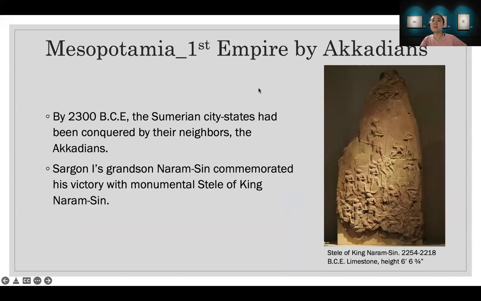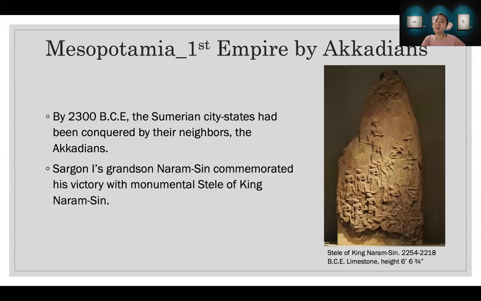Now let's see the first empire of Mesopotamia, by the Akkadians. By 2300 BCE, the Sumerian city-states had been conquered by their neighbors to the north, the Akkadians. Under ruler Sargon I, the Akkadians established the region's first empire.